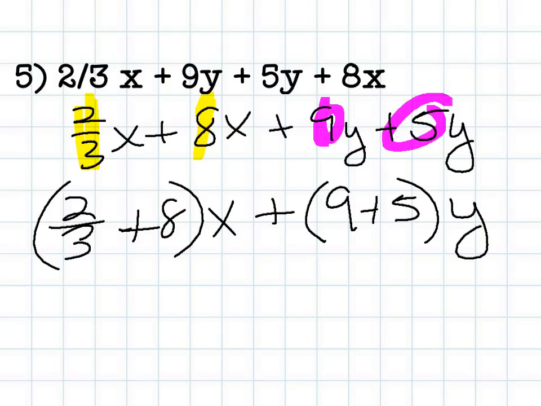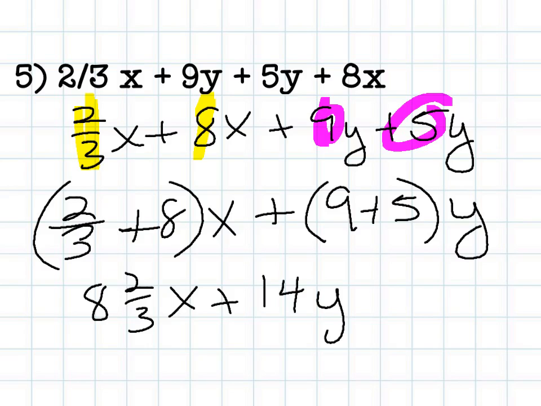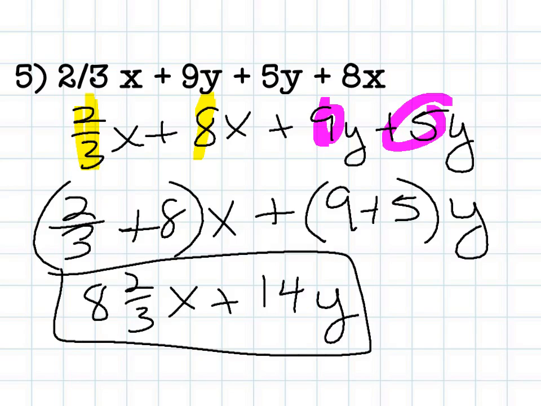And now all you have to do is combine them. Well, 8 plus 2/3 is 8 2/3 x, plus 9 plus 5 is 14y. Can I combine 8 2/3 and 14? The answer is no, because they have different variables. One has an x and one has a y. So that would be your final answer.